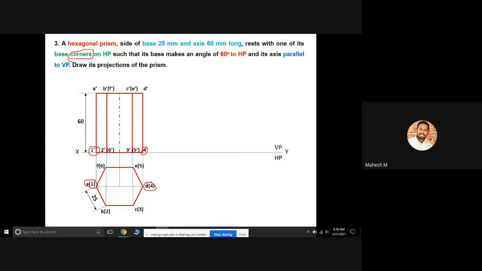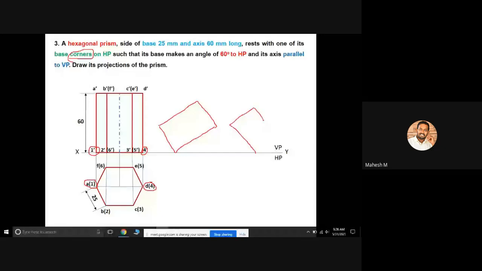So நீ diagram எப்படி வேணாலும் draw பண்ணலாம். Okay, you can draw like this or like this. Both are right. It is only applicable for hexagon. It will not be applicable for pentagon. Hexagonக்கு மட்டும் தான் இந்த சாய்ஸ். நீ எப்படி டிரா பண்ணாலும் உனக்கு மார்க் கிடைக்கும்.